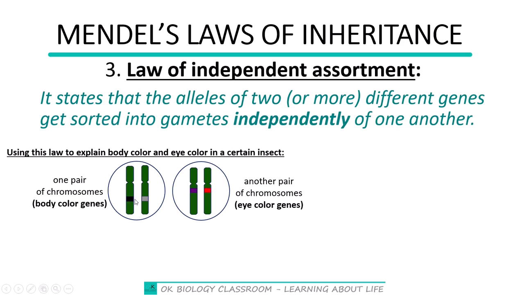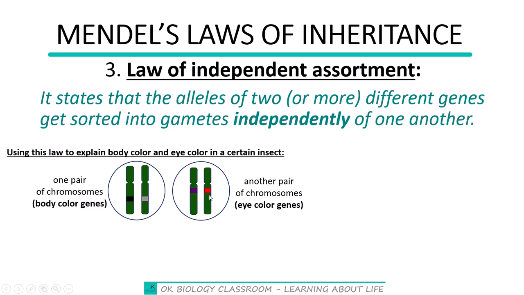So that means an organism could have the black gene for body color and purple color for the eye. The organism could also have black body color and then red eye color. Similarly, any of these two could be chosen. So a gray body gene could be paired with a purple eye color gene, and a gray body gene could also be paired with a red eye gene.